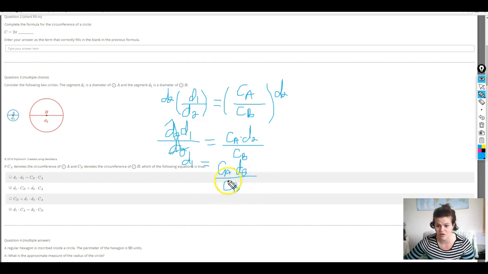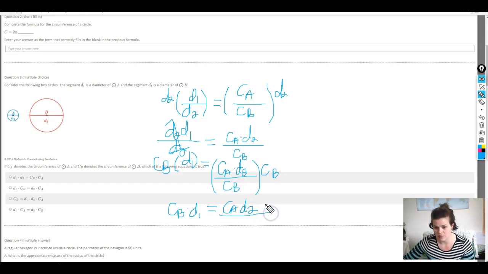So now we're going to do the same thing to move the circumference of B out of our denominator. We're going to use our multiplication property of equality and multiply by the circumference of B. So circumference of B times diameter 1 is just circumference of B times diameter 1, and that's going to equal circumference of A times diameter 2 divided by circumference of B, times circumference of B. Since we have two terms that have the same value in the numerator and the denominator, we have a form of 1 which can reduce down.